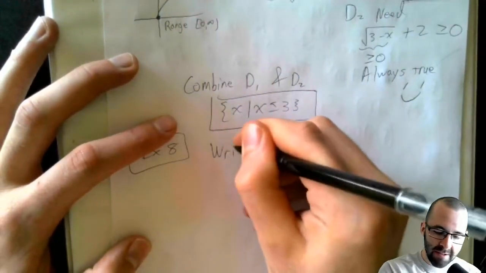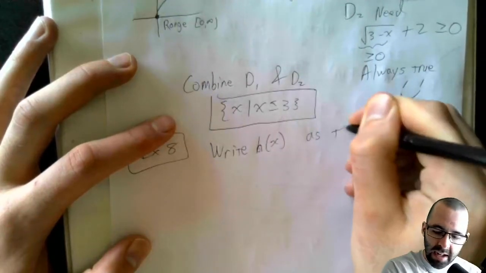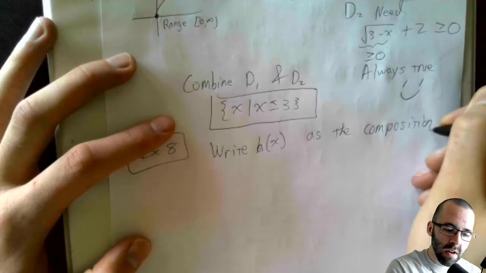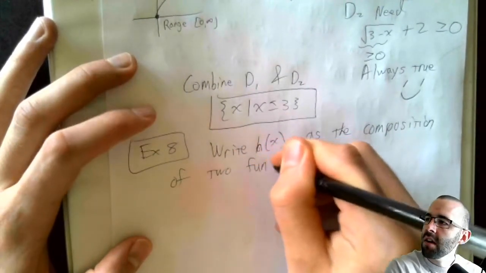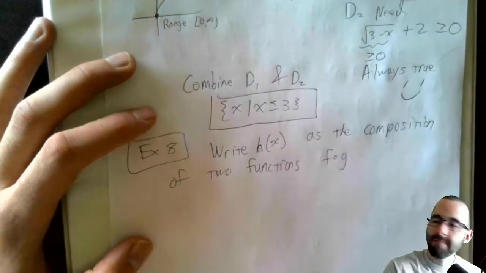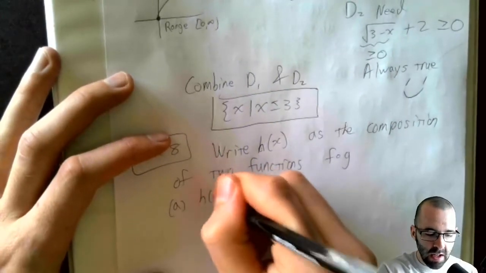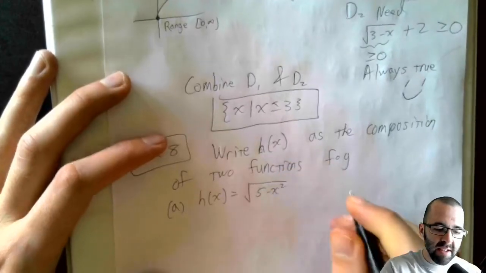Write h of x as the composition of two functions, f of g. Okay? So, part A. h of x equals the square root of 5 minus x squared.